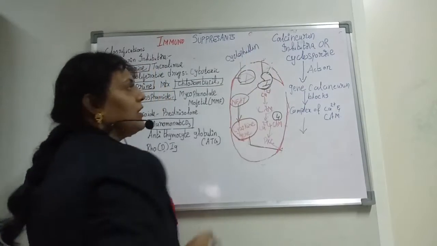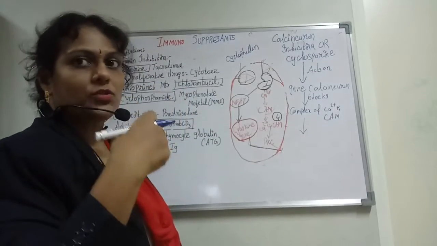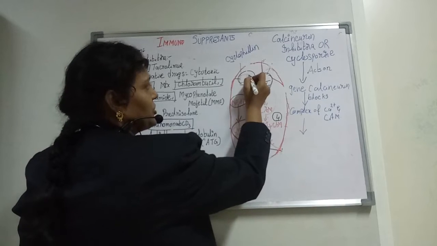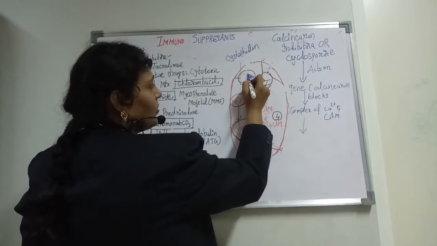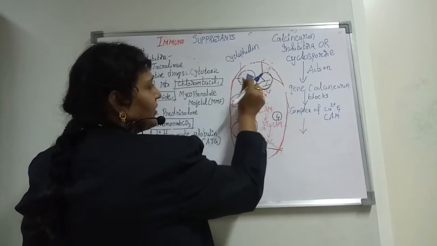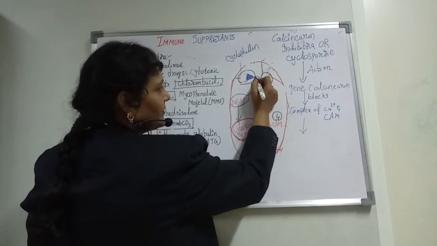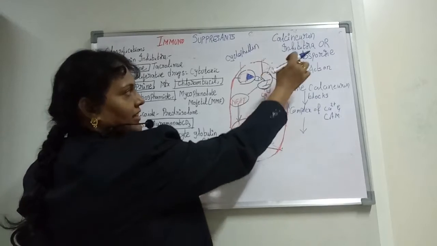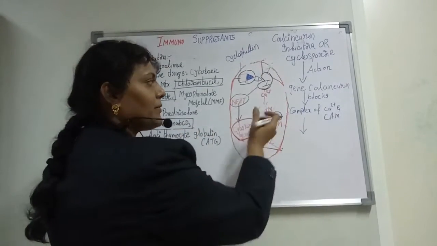Once cyclosporin is absorbed into the body, it enters the T cells and attaches to the gene called cyclophilin, and the whole complex comes and sits over here. Once it sits on the calcineurin, you can understand that there is no production of calcium and CAM.